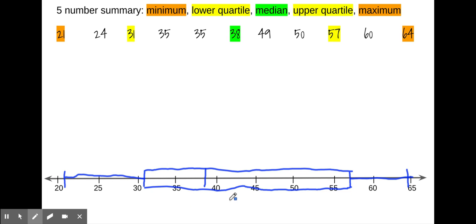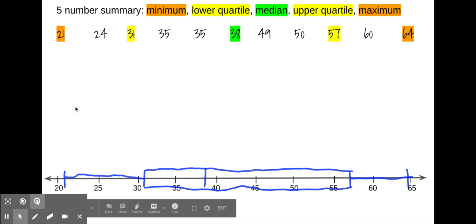Here's the next fourth of the data, and here's the upper fourth of the data, which tells us that this area in the box is the middle half or middle 50% of the data. 50% or half of the data points would fall in this box. So that's a really nice way to quickly see some major key points about the data.